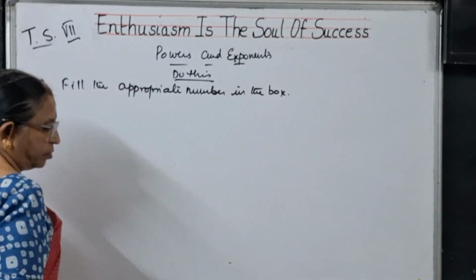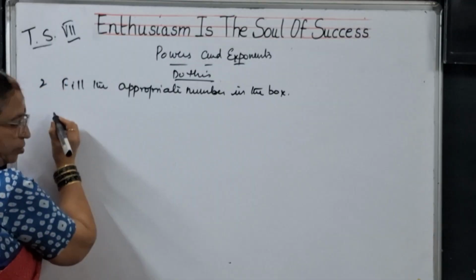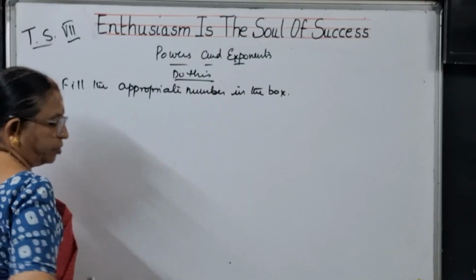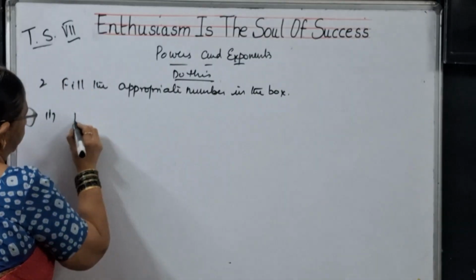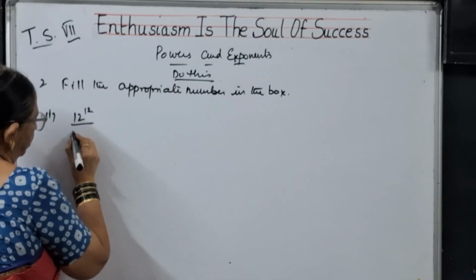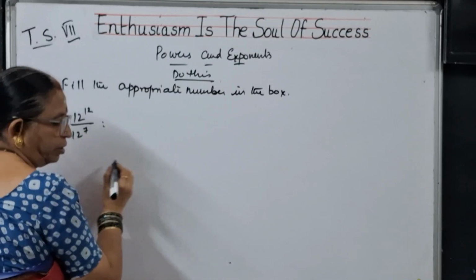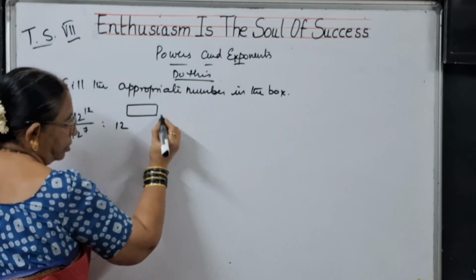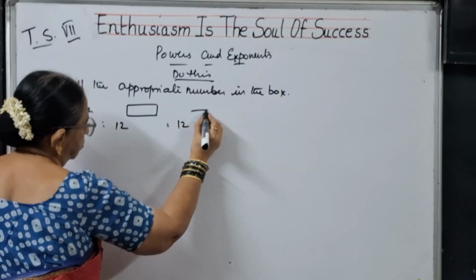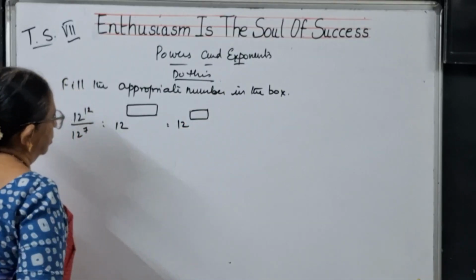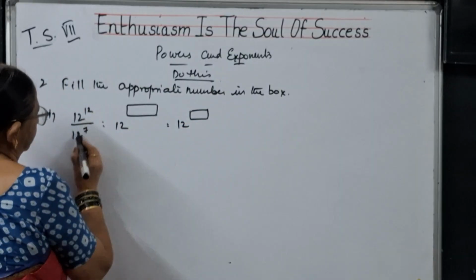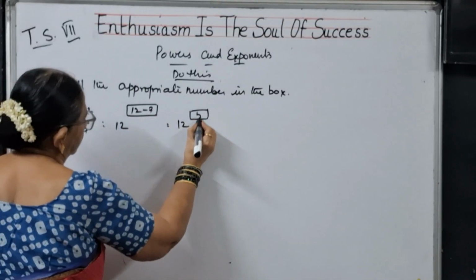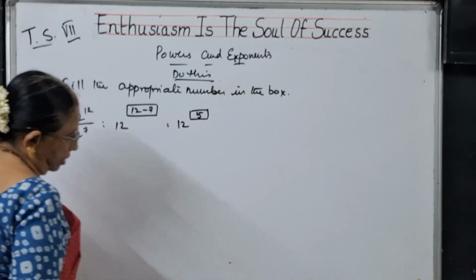They have already given an example. I'll do the problems, children. 12 to the power of 12 by 12 to the power of 7 is equal to 12 to the power of a box is given. So what you will do? Bases are same, divided, so powers should be subtracted. 12 minus 7, that is 5 is the answer.